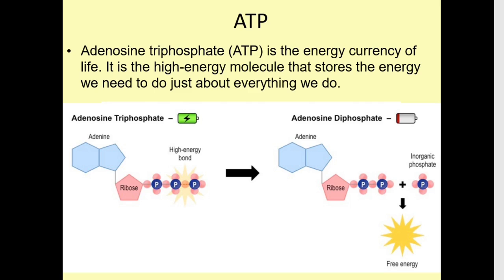And that process is cellular respiration. As we go through, keep in mind that the end prize, or the end goal here, is to stick those third phosphates back onto ADP molecules to recycle them, to recharge them, if you like, into ATP molecules.